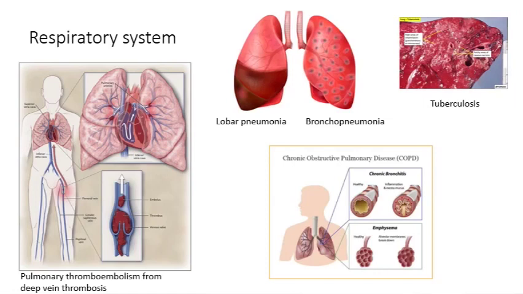And here the blood clot that is now circulating within the blood can actually get lodged in either the main pulmonary trunk or in one of the peripheral arteries, causing an infarction of the lung.